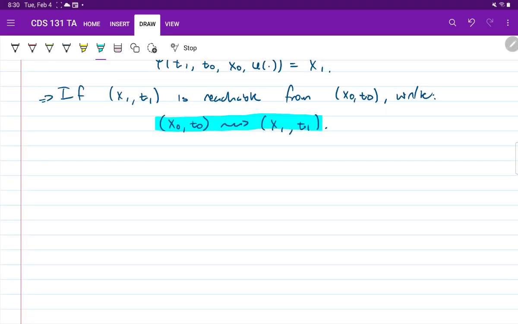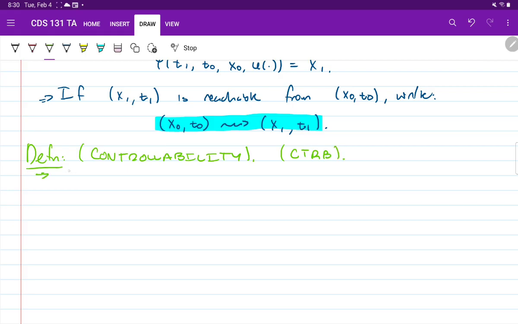So, oops, I'm still writing with the highlighter. Sure. So this is going to be one of our key definitions for today. This is controllability, which, as I mentioned earlier, I'll often just abbreviate as CTRB, because this is kind of easier.